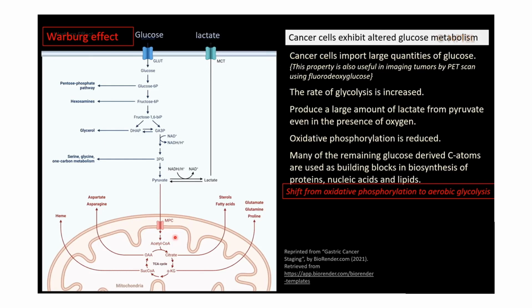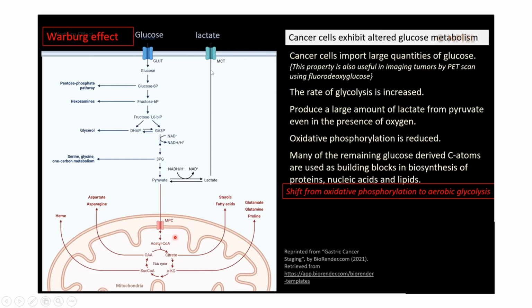The oxygen is very limited there, and there is an accumulation of lactate in the cancer cell environment. This lactate promotes the acidic environment, and this is a characteristic of cancer cell growth, called the Warburg effect: depletion of oxygen and production of lactate.